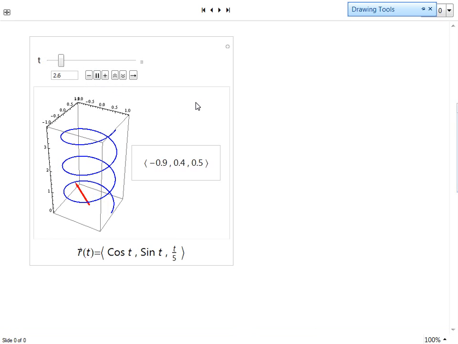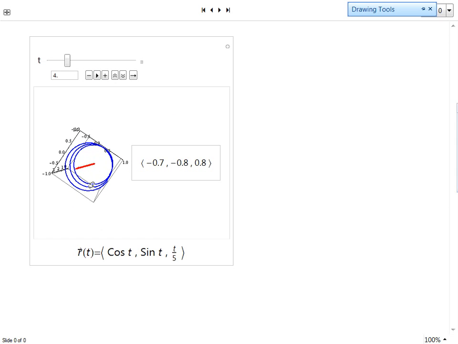That's it right there. As t starts, it starts to draw a circle, but your z keeps getting bigger as t gets bigger. Right? That's a spring. Isn't that a spring? From the top, it's a circle.